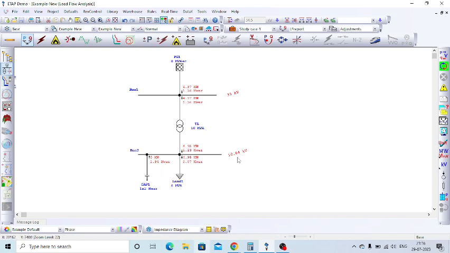Earlier it was 10.65, now it is 10.84. How is it improved? Because the reactive power from the capacitor bank is used to improve the voltage profile here.